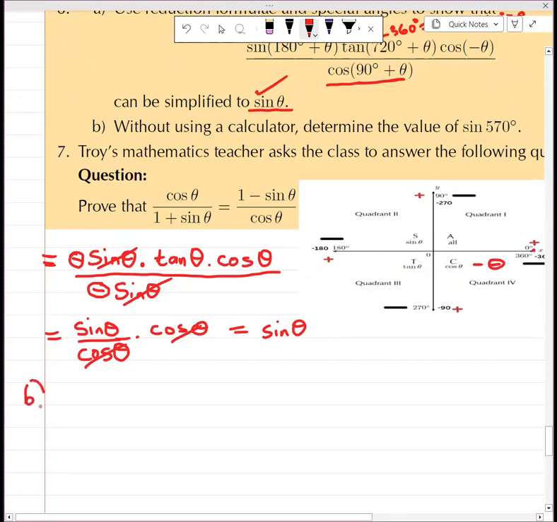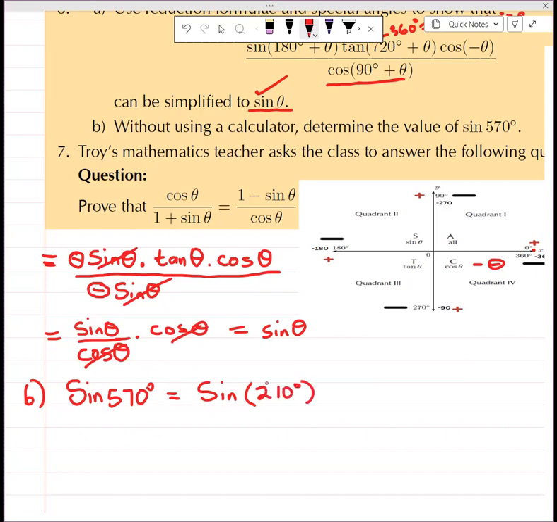In 6b, they say without using a calculator, determine the value of sine 570. Remember, I said if the number is way bigger than 360, you're going to minus 360. So if you press 570 minus 360 on your calculator, that gives you 210.